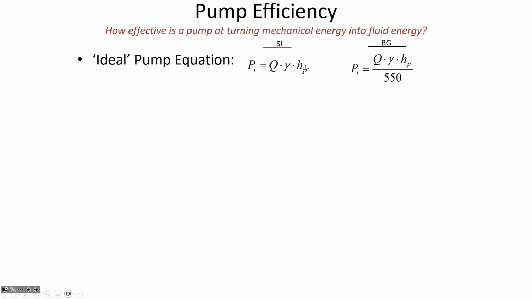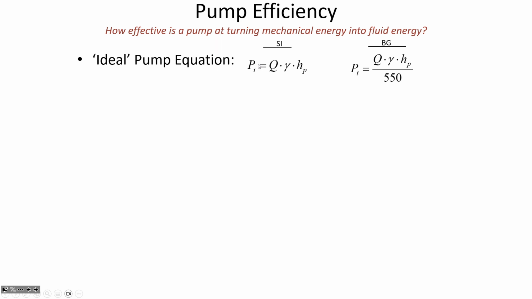So the pump equation converts the pump head that's added to the amount of power that's being added to the system. I think you may have seen this in fluid mechanics, where the flow rate multiplied by the unit weight multiplied by the pump head will tell you how many watts are being added to the system.